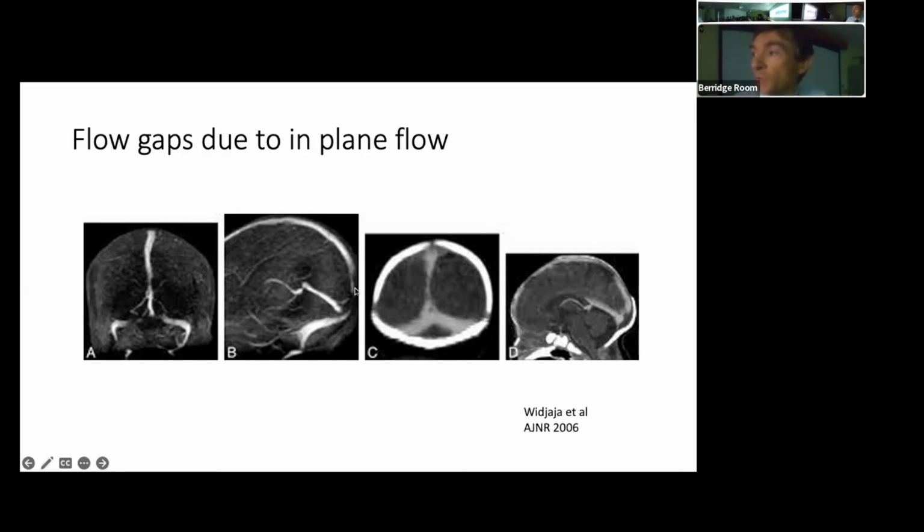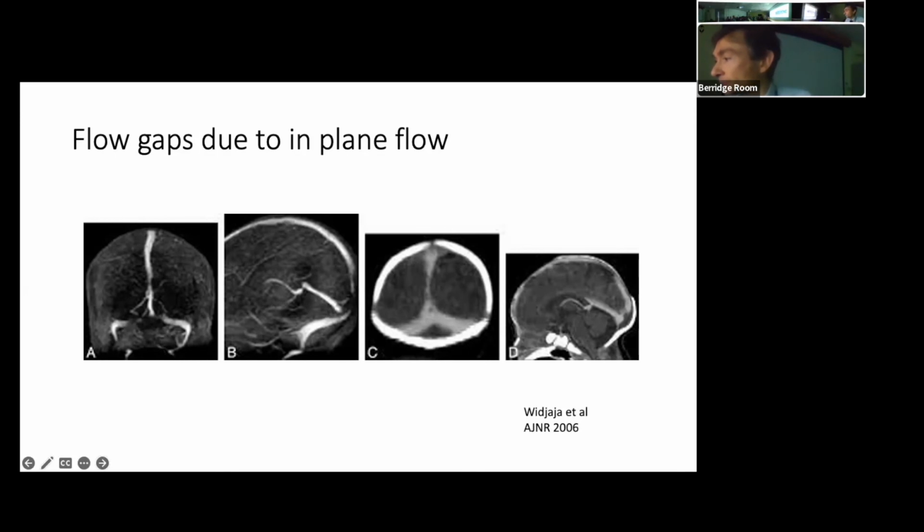If you reach a segment where the blood flow is within the plane of the slice, then you tend to lose signal. So that's the problem with MRV. When you reconstruct the images, the MIP reconstruction also can create artificial flow gaps. So it's good to look at the source slices as well as the maximum intensity reconstructions.